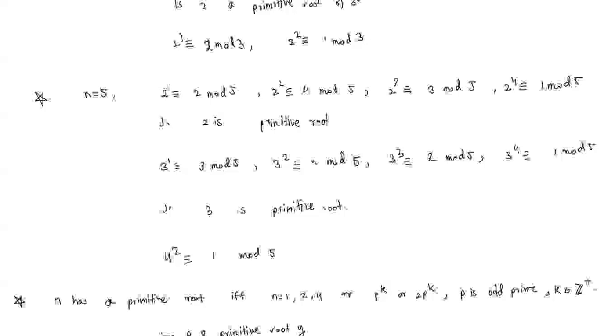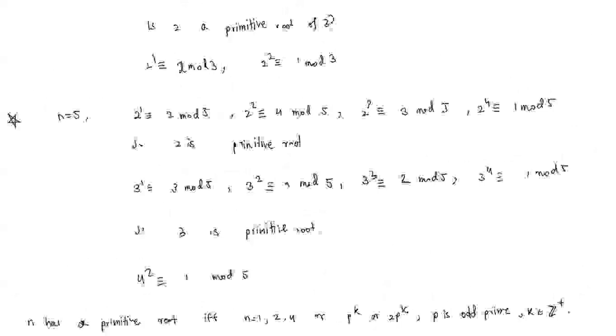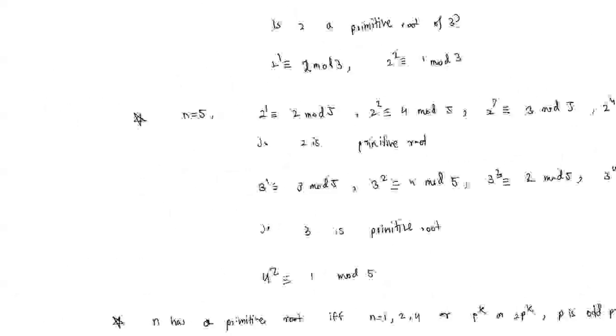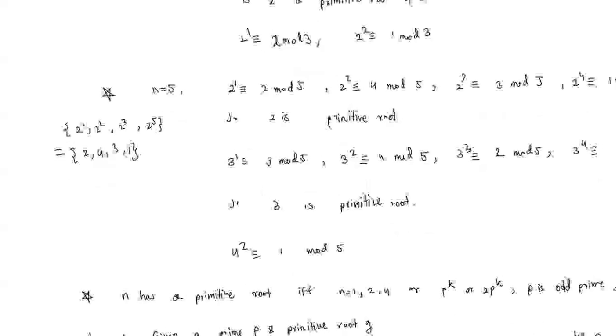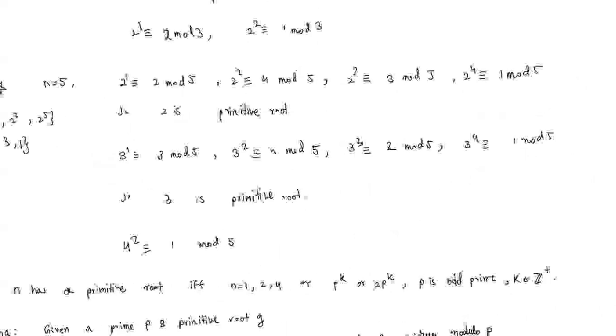When I considered 2 to the power 1, 2 squared, 2 cubed, and 2 to the 4, the set I got was 2, 4, 3, and 1 mod 5, which is the complete residue system modulo 5. Similarly for 3, we got that 3 is a primitive root, and we got the whole set of residues. So yeah.